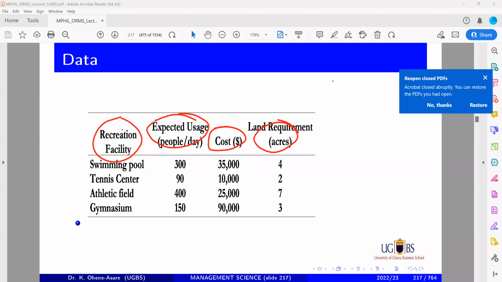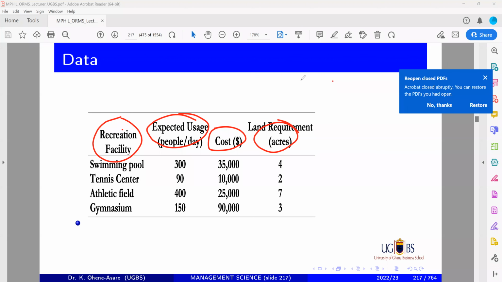Okay, so I have an answer from Isaac. Isaac says athletic field. Alberta says athletic field. Mary says athletic field. Gladys, Kofi, Akosua, Samuel, Emmanuel, Felicia, Farida, Paakwesi. All of them are indicating athletic field.